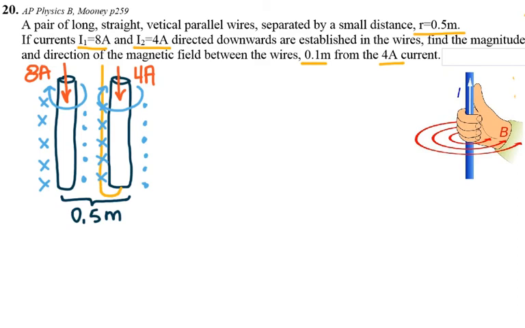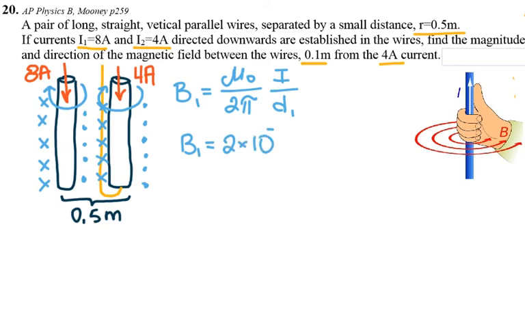So I can calculate the magnetic field for the first wire. It is μ0 divided by 2π, and then I over the distance for the first wire. So B for the first is equal to 2 × 10^-7, the current is 8, and the distance is 0.4.